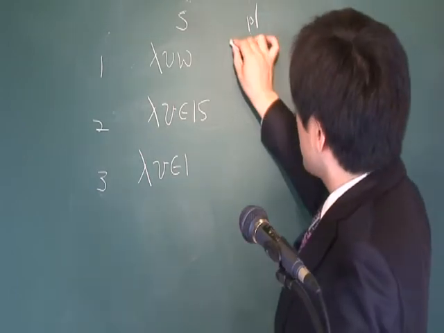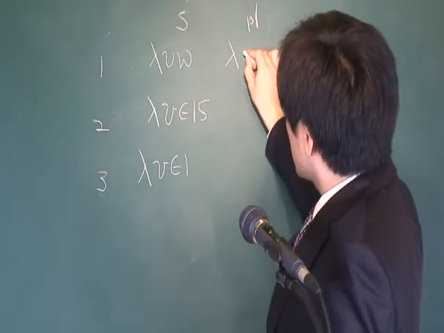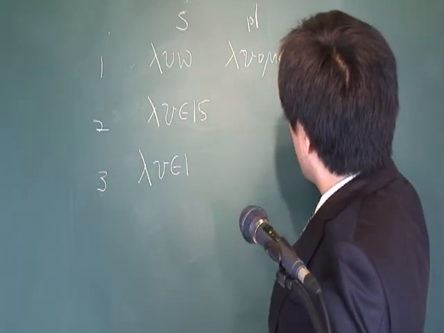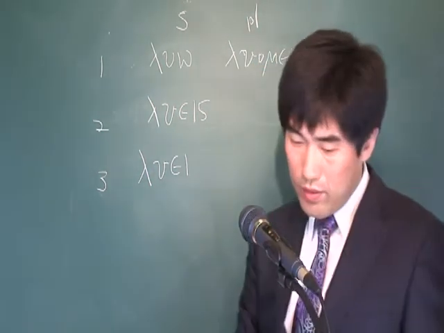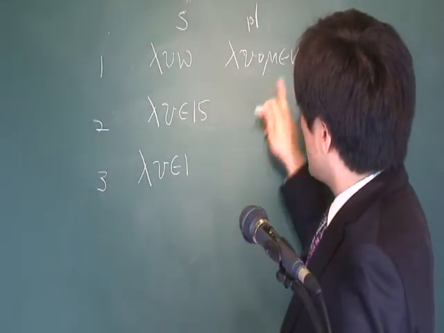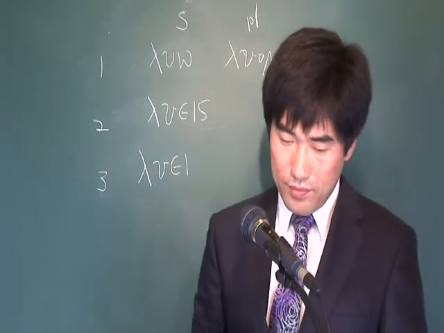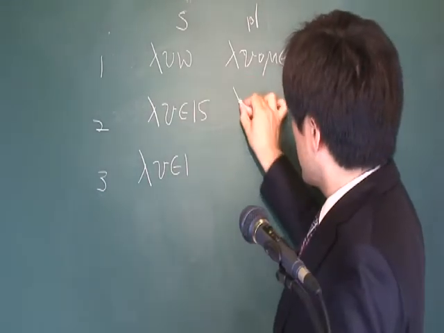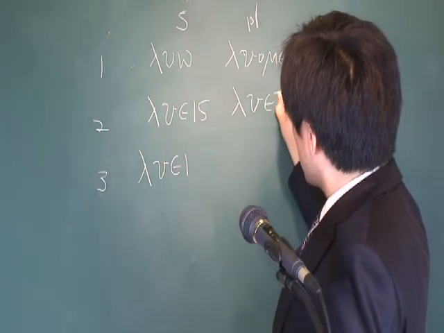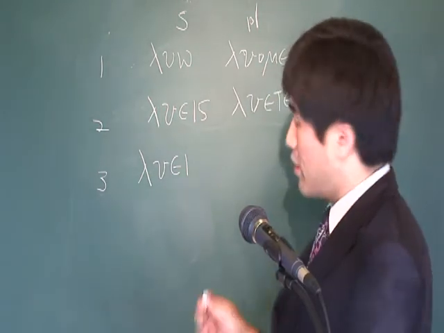Blepomen. Blepete. Blepousi. These are the 6 forms of the verb blepo.